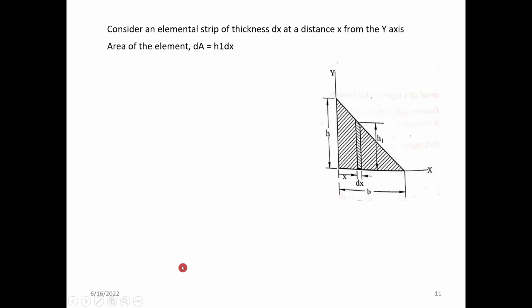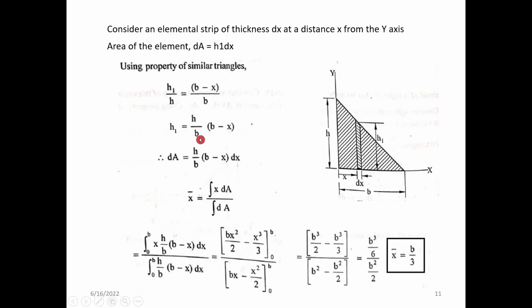I'm not repeating the steps. The same steps will follow, except that the strip now has to be taken parallel to the y-axis. So dA is equal to h1 into dx. You can apply the similar triangles formula to find dA as before, and after solving all these integrals, we find that x bar is equal to b by 3.